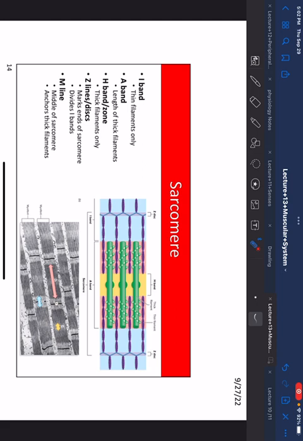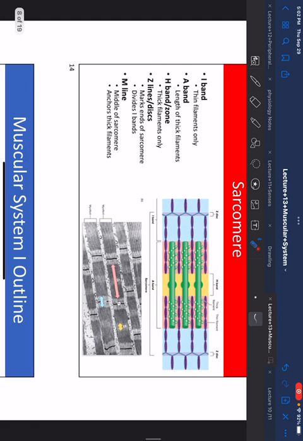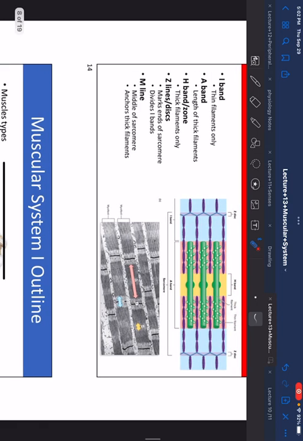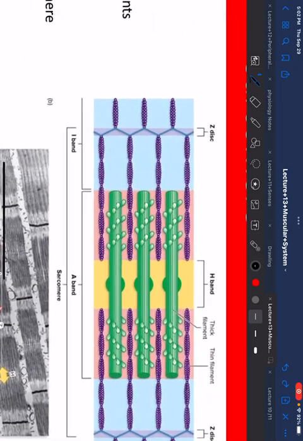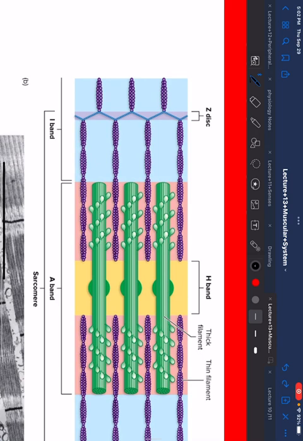So let's identify the different regions of the sarcomeres. First is the I band, which is only thin filaments. So here's your thin filament in purple, but if we look at this interval right here, we have thin and thick filaments.